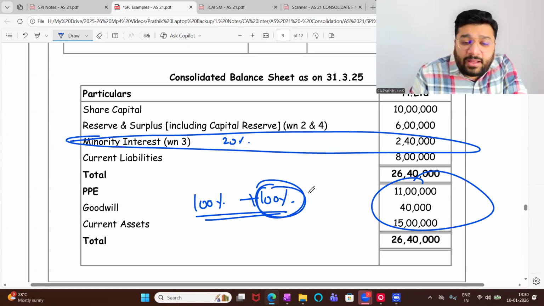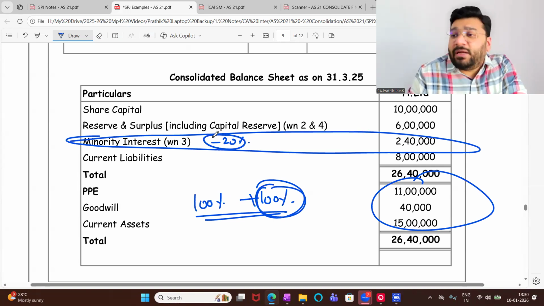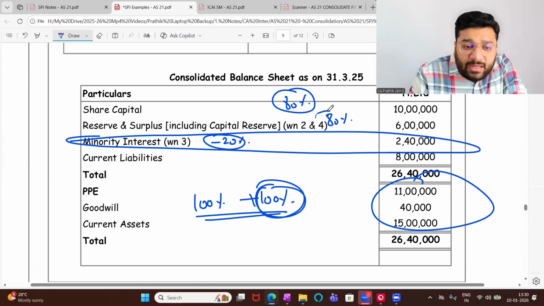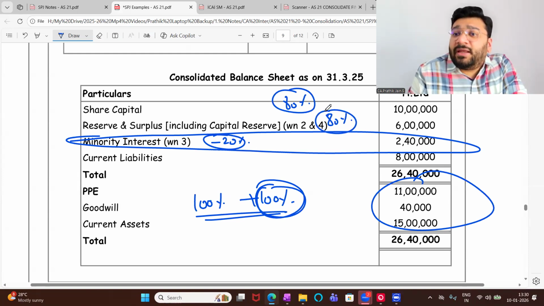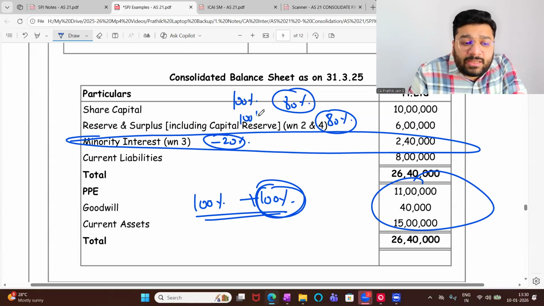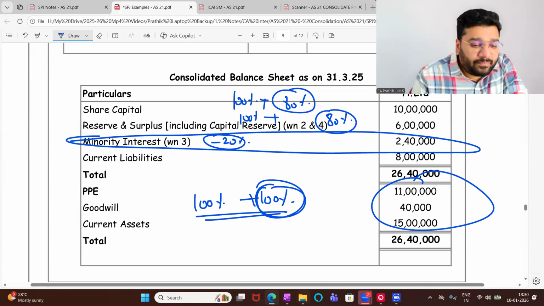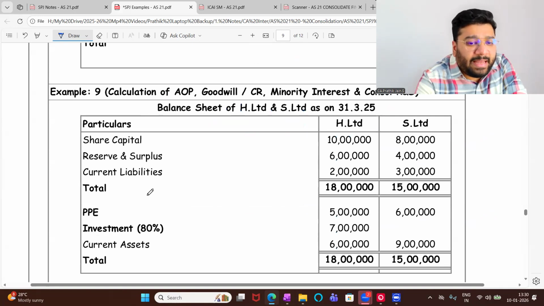So from 100 on the asset side, if I minus 20 on the liability side, what remains? 80% here and 80% here. So this is 80% of subsidiary capital, 80% of subsidiary profit, 100% holding company capital, 100% holding company profit. Any difficulty? Online people, any difficulty so far?